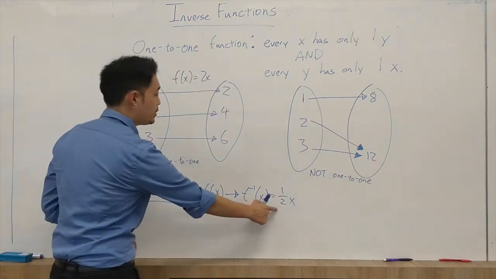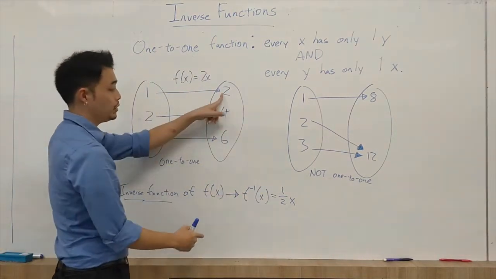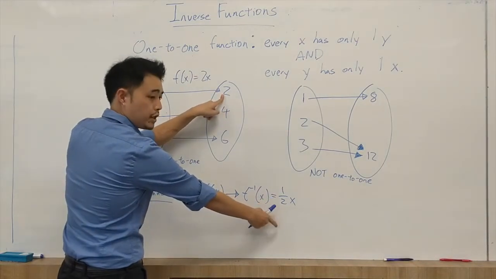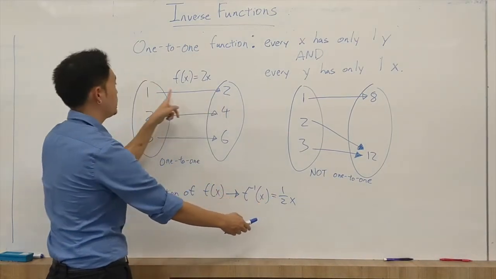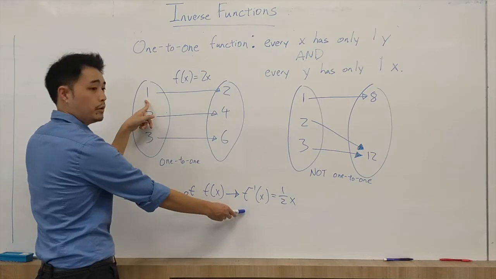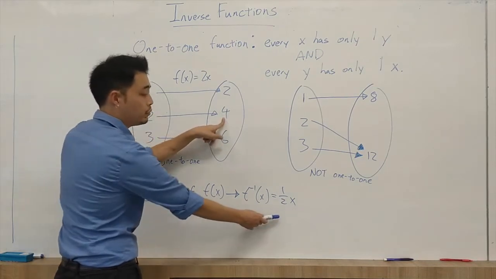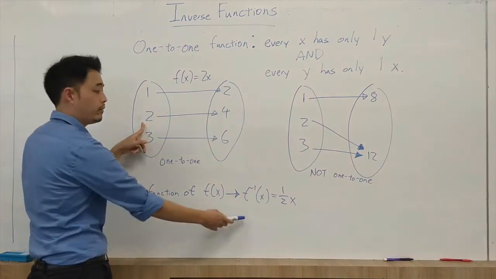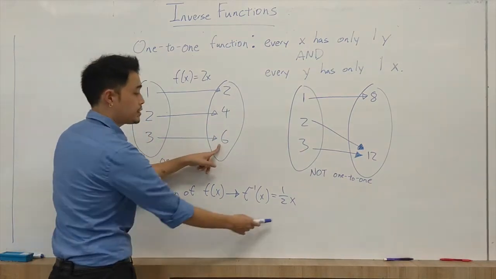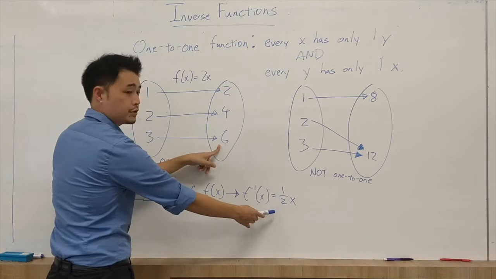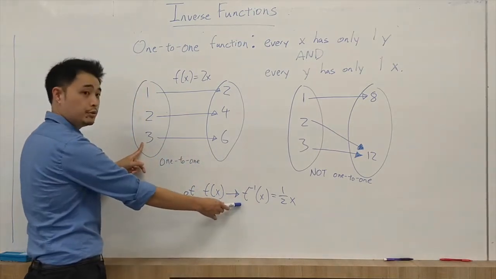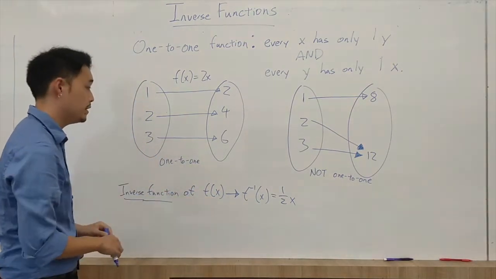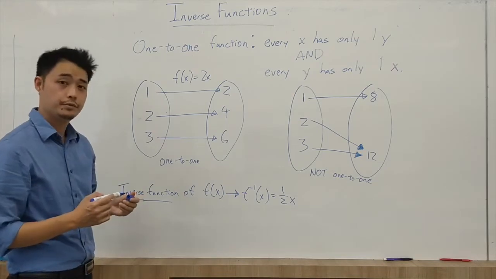And we can see here, if I wanted to go backwards, I can plug 2 into here. 2 times 1/2 is 1. That clearly maps back to 1, right? If I plug 4 into here, 4 times 1/2 is 2. That maps back to 2. If I plug 6 into here, 6 times 1/2 is 3. That maps back to 3. So that's the definition of an inverse function.